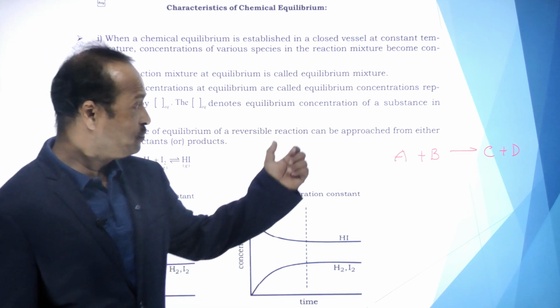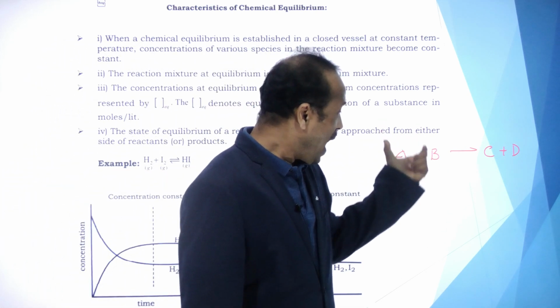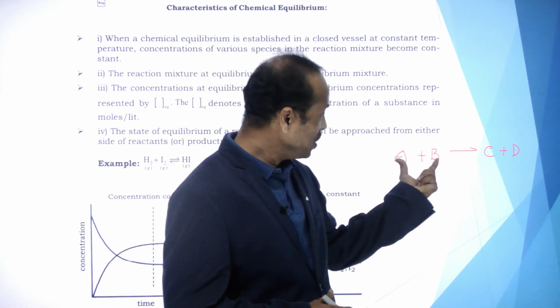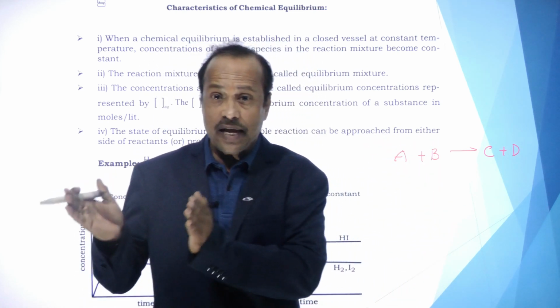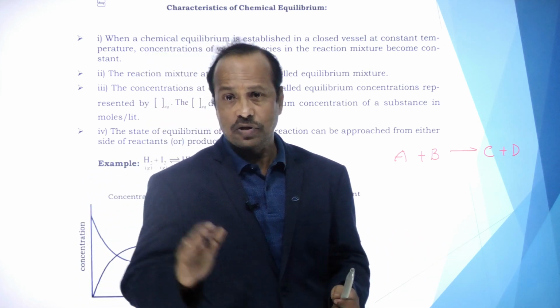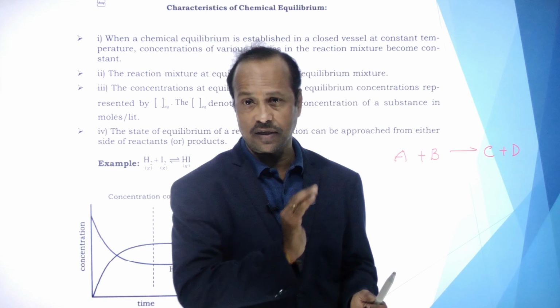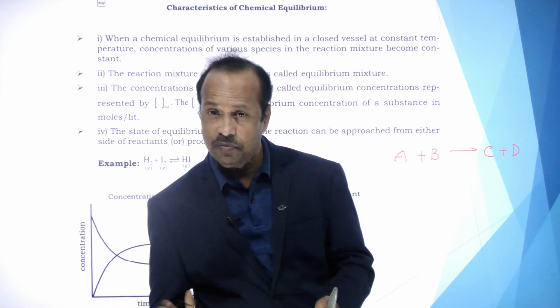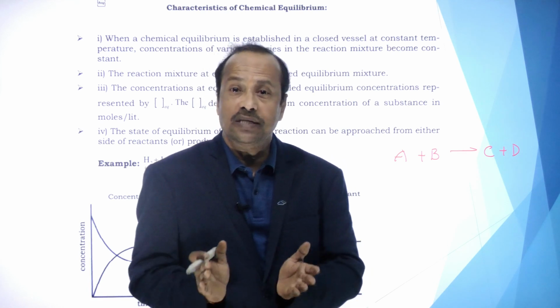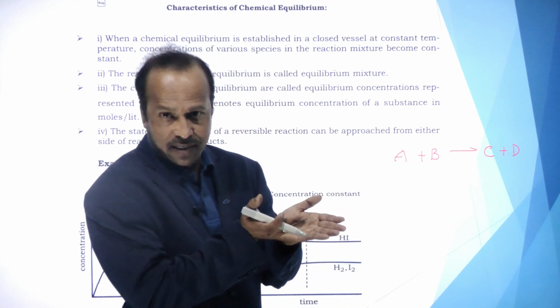As the reaction starts, the concentration of A and B will decrease because A and B are reacting to form the products C and D. So reactants are converting into products, and the concentration of the reactants gradually decreases. But at the same time, the concentration of the products is increasing.